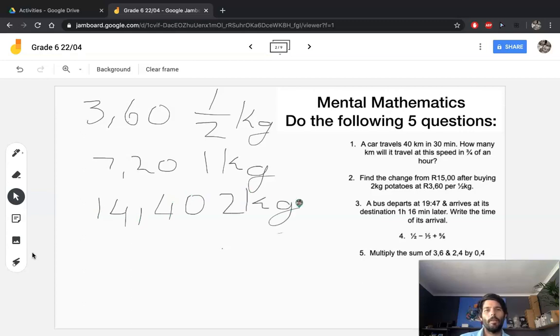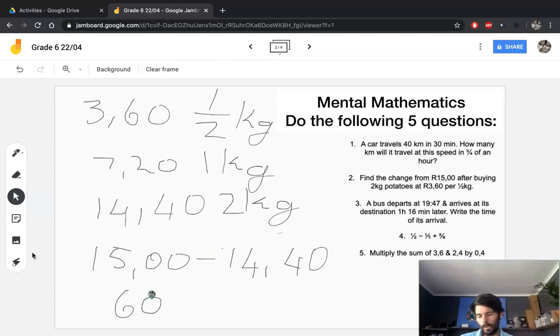Then I need to figure out the change. So 15 Rand minus 14 Rand 40, and you can see that that is 60 cents. You could have also written it as 0 Rand and 60 cents.